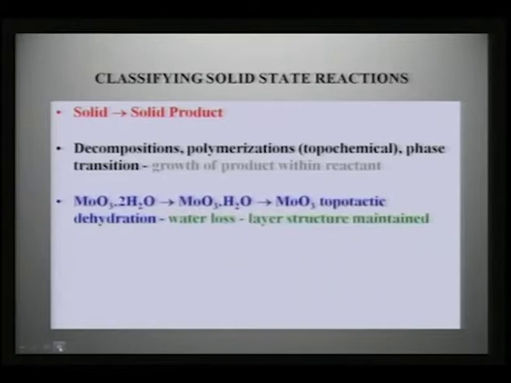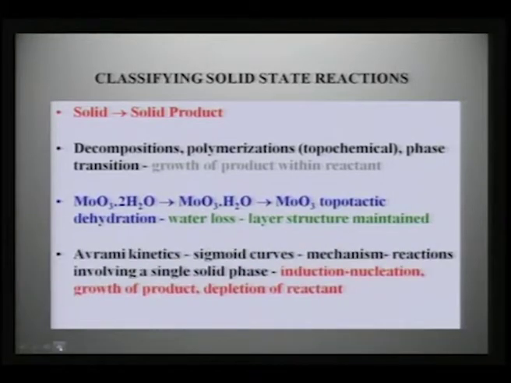Now, we can classify what sort of solid state reactions happen, or the reactivity of solids, and how the chemical synthesis progresses. There are different ways we can realize this synthesis. First of all, we can think of a solid converting to a solid.